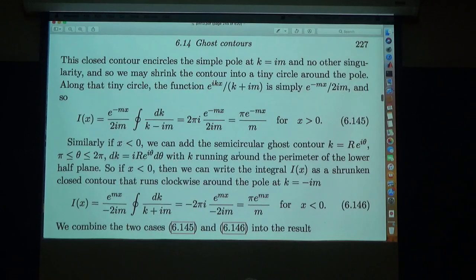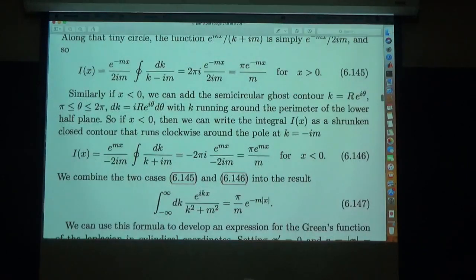For x negative, we again add a ghost contour, but now we go over the south pole, and we let theta be, say, between pi and 2 pi. Then it's basically the same thing.